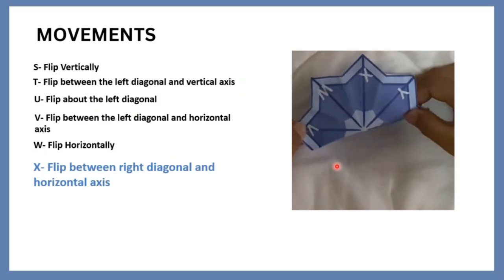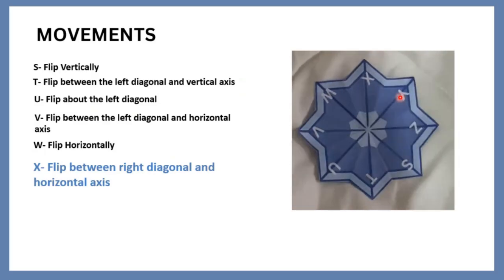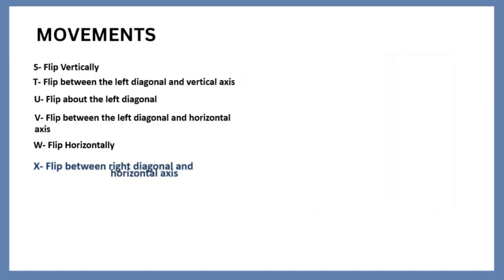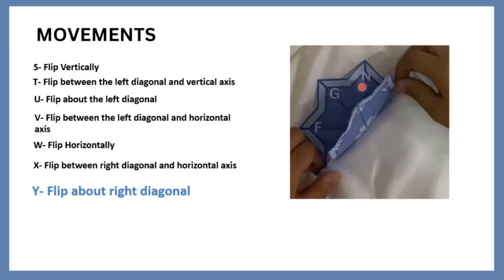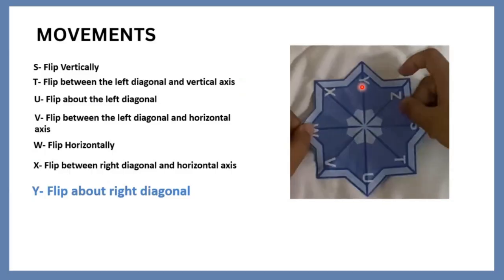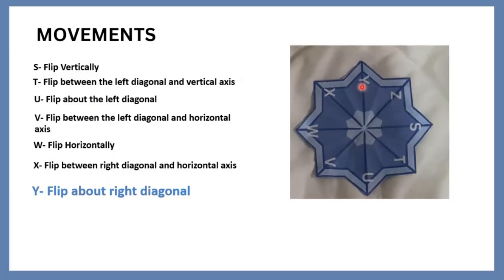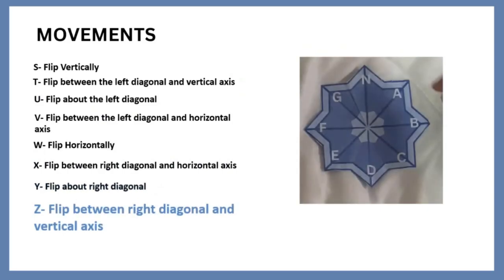And this is what X looks like. Then next we have flip about the right diagonal for Y. So this is what Y looks like. And lastly, we have Z, or flip between right diagonal and vertical axis.